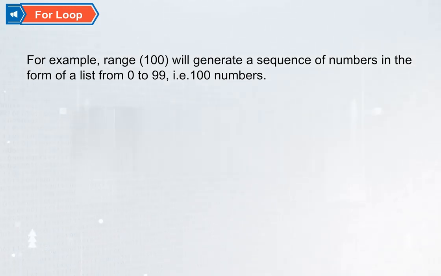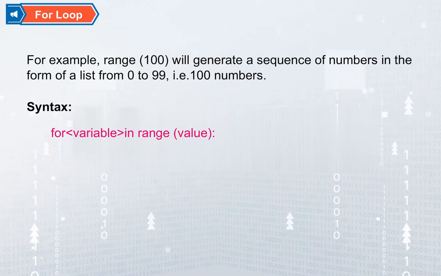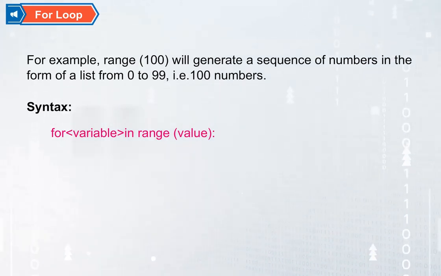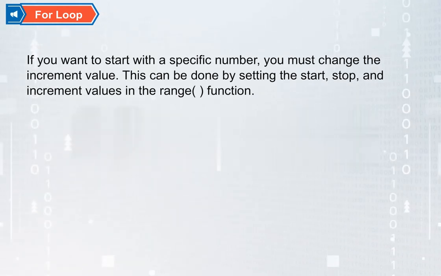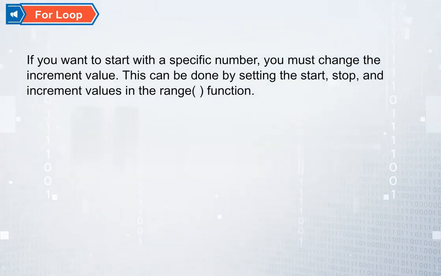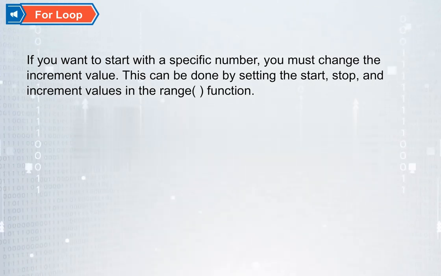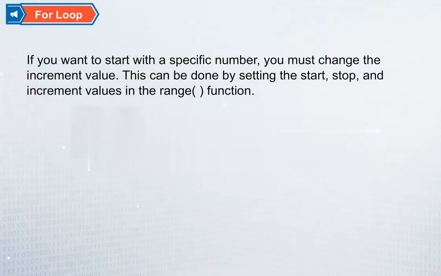Syntax: for variable in range value. If you want to start with a specific number, you must change the increment value. This can be done by setting the start, stop, and increment values in the range function.